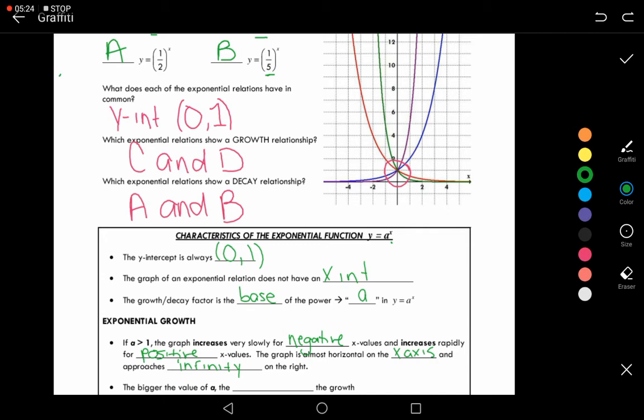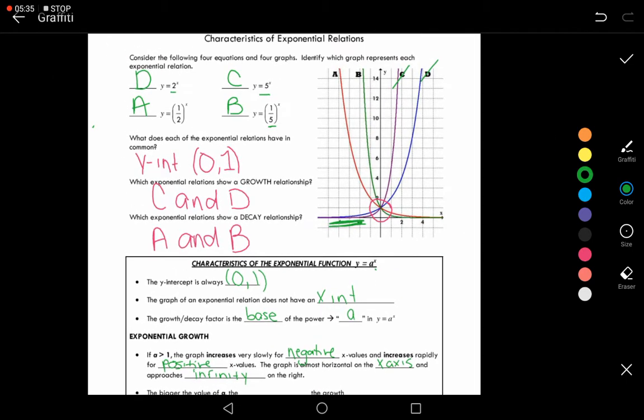On that x-axis, we can see that these numbers are approaching 0. It's almost horizontal. And on this side, we can see our lines are almost straight. They're approaching basically infinity.